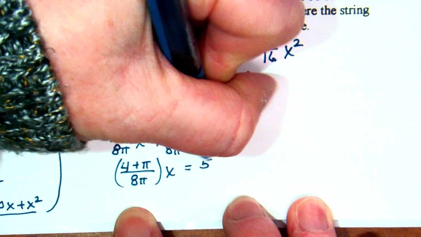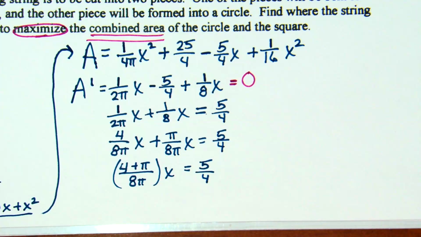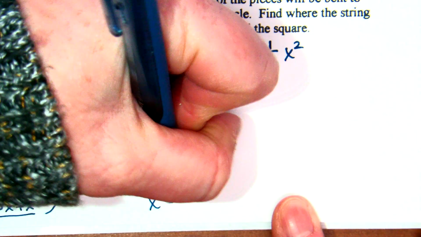How do I solve for x? Multiply by 8 pi over 4 plus pi. Okay, multiply by the reciprocal. We have this fraction times x, so to get x by itself we're going to multiply the 5/4 times 8 pi over 4 plus pi.